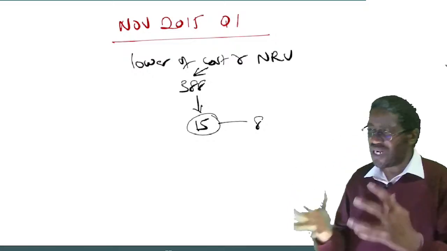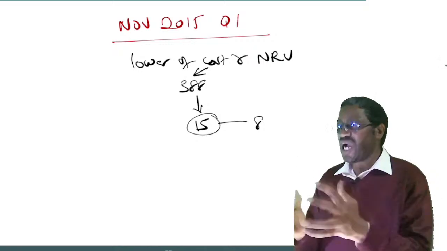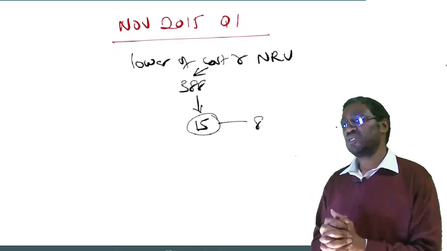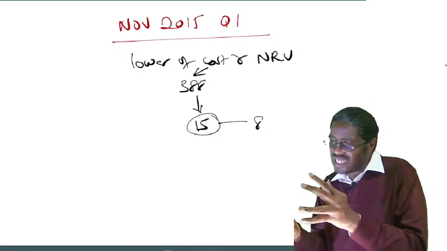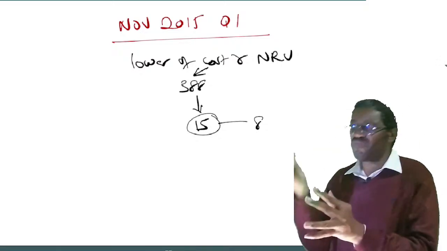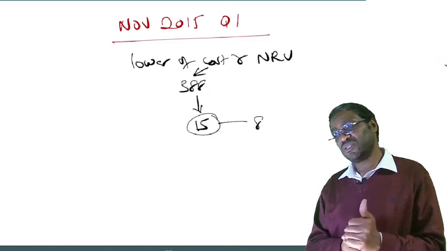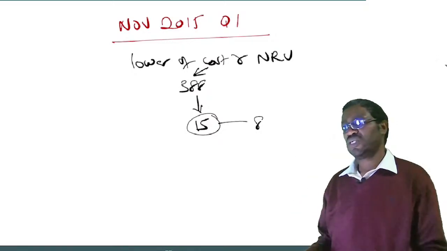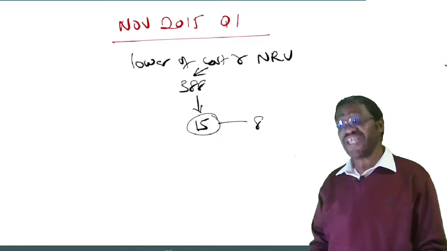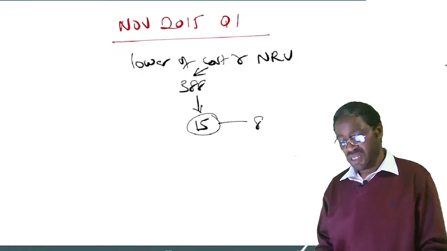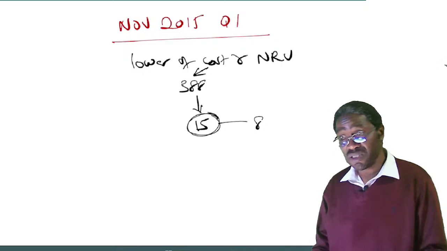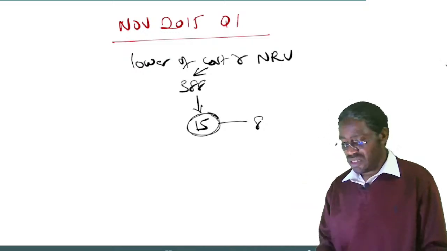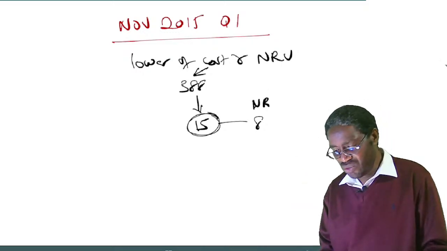When you have a post-balance sheet event before accounts are published, you are required to adjust the stock or the values of the previous year. But that's not the issue. The issue that you needed to know here is there is a stock which by the end of the year had a cost of 15, but its realizable value is 8.